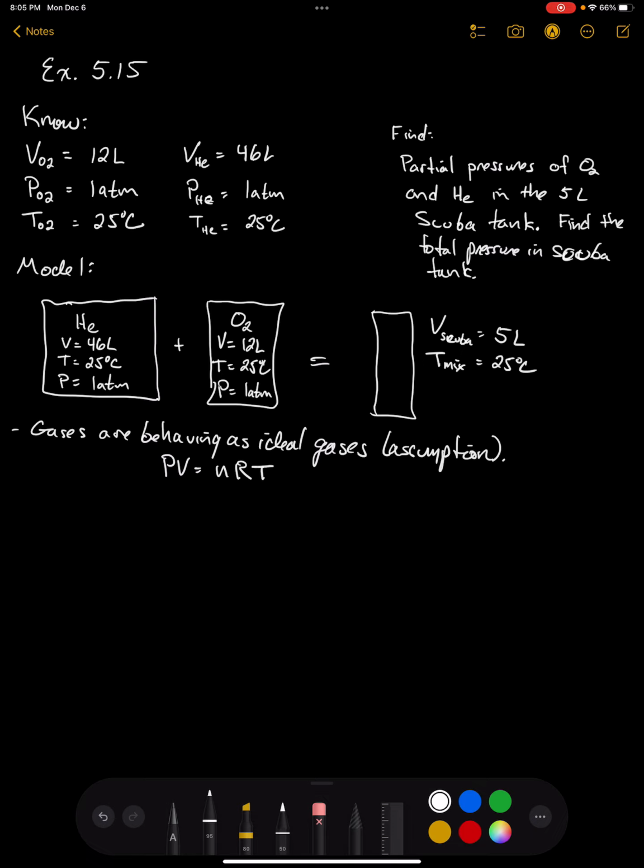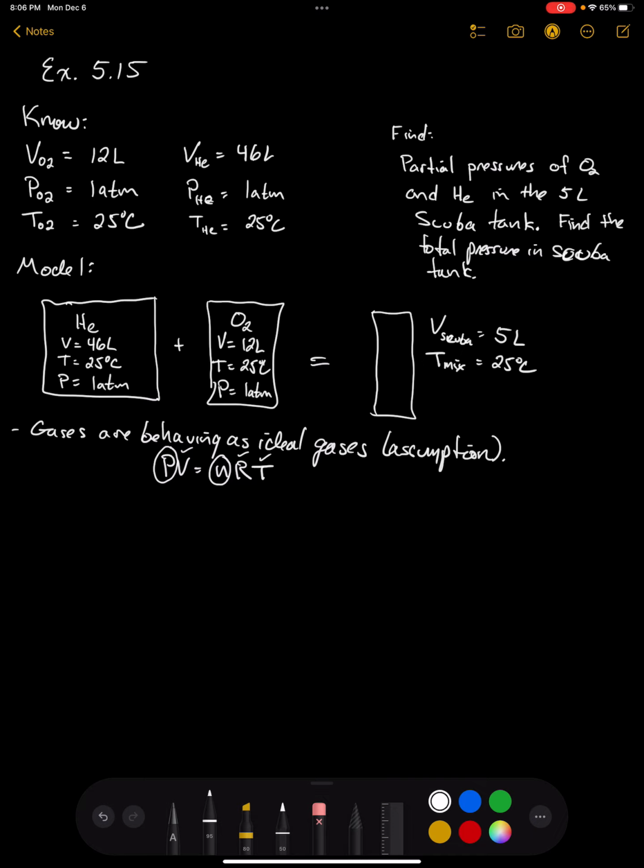And this then allows me to say that I know what my volume of the tank is. I know what my temperature of the gases in the tank is. I know what my R value is. That's just the universal gas constant. What I don't know is pressure, and I don't know number of moles.